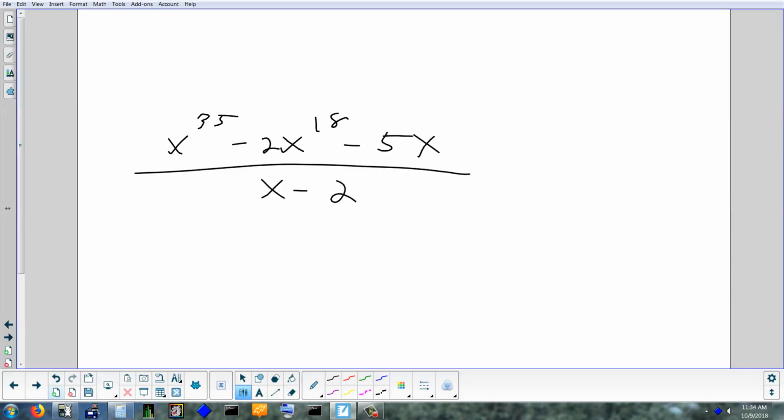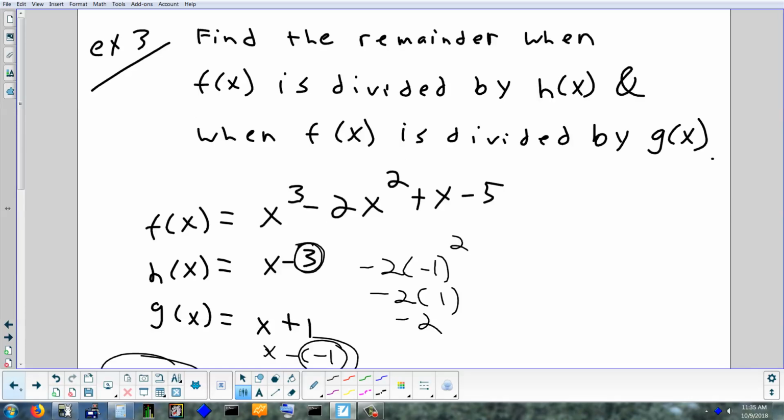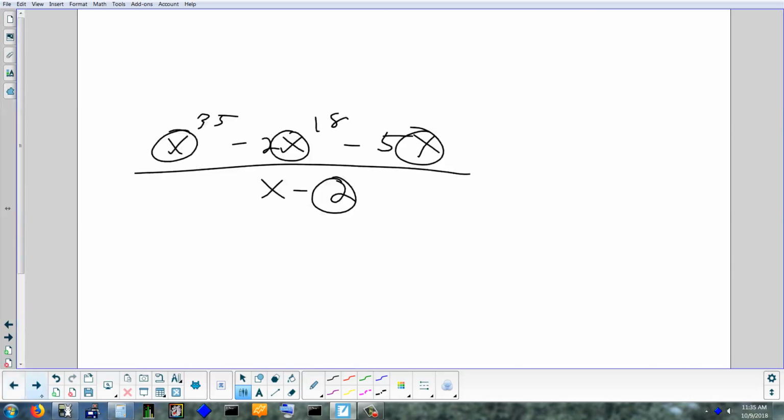With all those zeros, you'd be doing long division like 34 times till you get your exponent all the way down. You're probably going to make a mistake somewhere. If you just take 2 and plug it in here, here, and here, you're good. That's all you have to do. I mean, it might be kind of a big number, but you can do that on the calculator. So that's where it comes in handy. I'd never ask you to do something like that with long division. That's pretty intense.